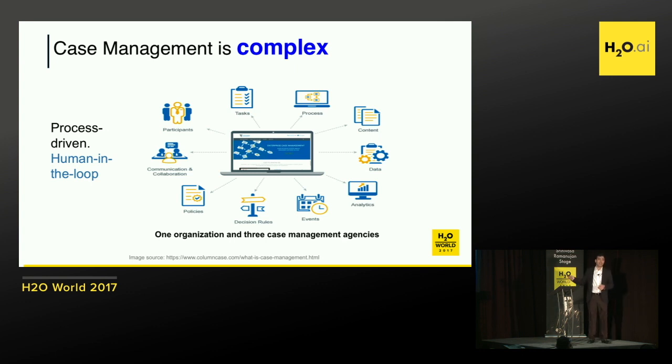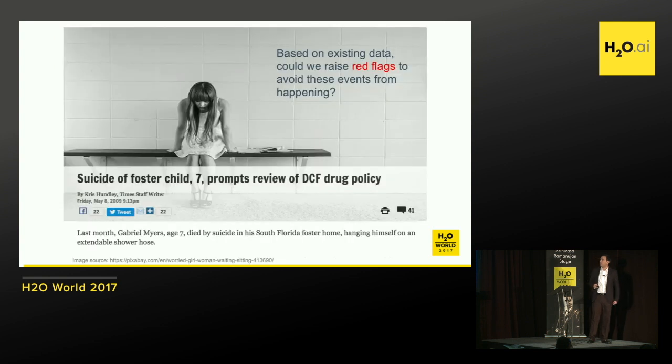But in this context, there was a huge problem that was in the media. It was the suicide of a foster child, right? That prompted the Department of Children and Families to raise the flag and say, are we really doing a good job in tracking these kids that might fly under the radar and that might be taking psychotropic medication and we're not actually paying attention to it?